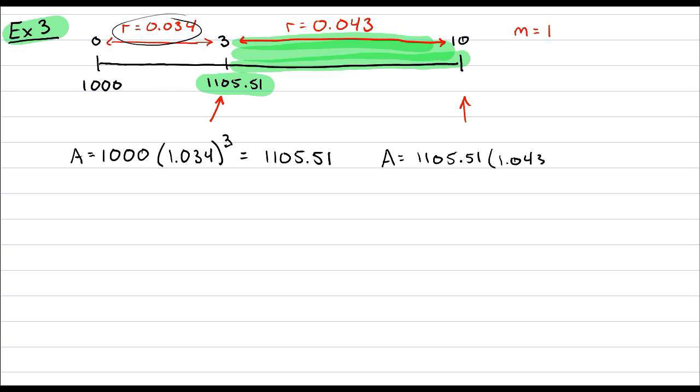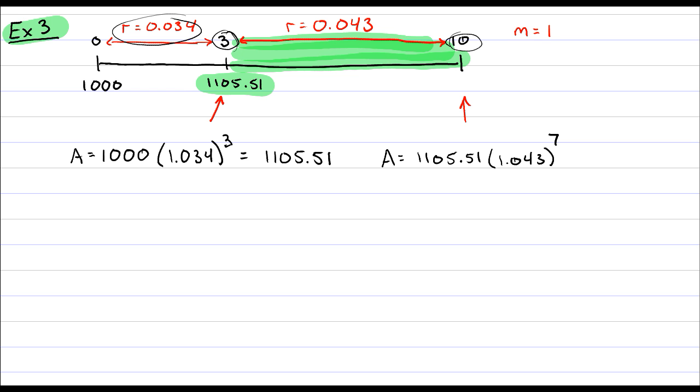Now I don't need to divide R, I divide it by 1 since I'm compounding annually. So R and I are the same here. That's not usually the case. Now, it's tempting maybe to want to put a 10 here as the exponent, since I'm going to time 10. But that's not correct. Notice I'm starting at time 3 and going to time 10, so that means a total of 7 years will have passed.